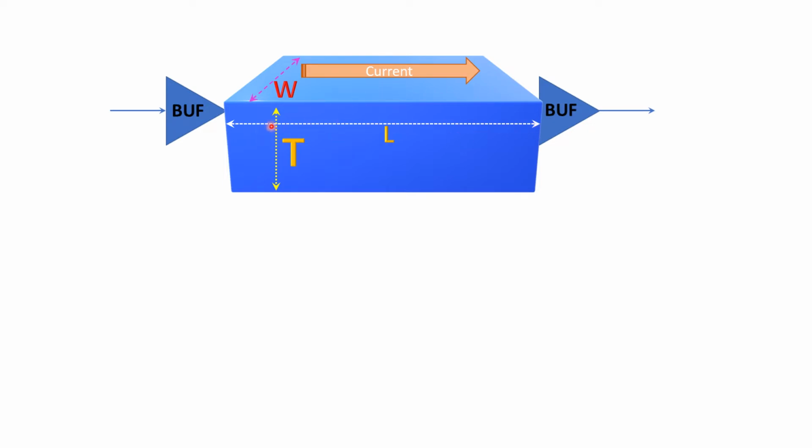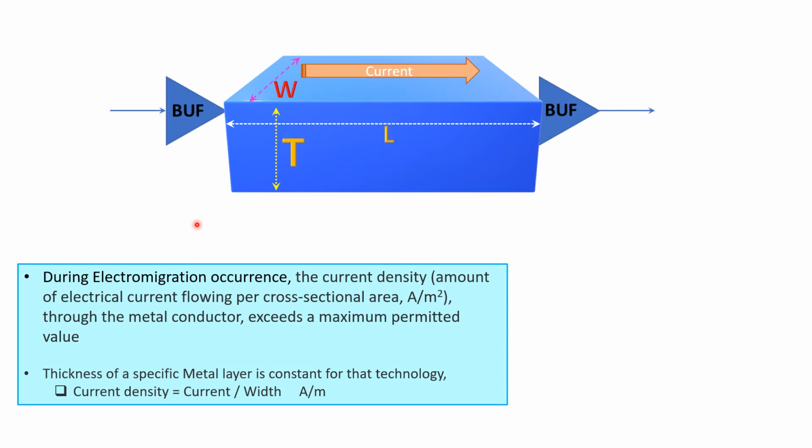To see how EM comes into play, when the current is going in this direction, this is the area, with W and thickness. That is how we should calculate how much the current density is.